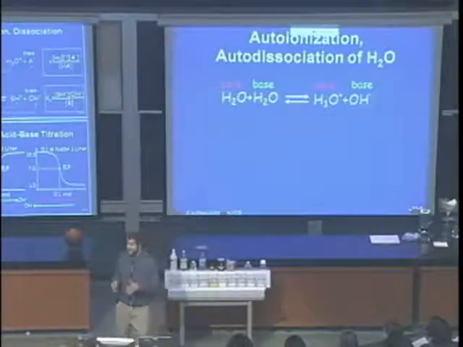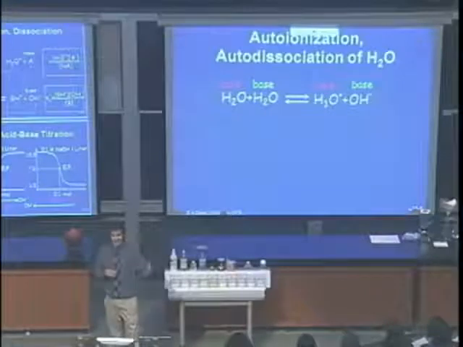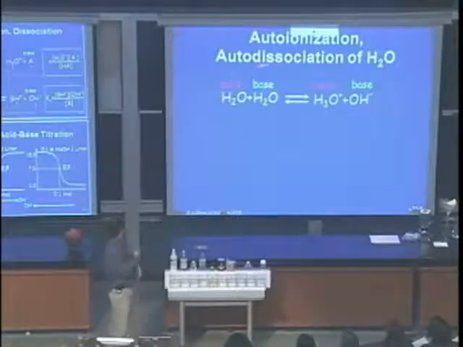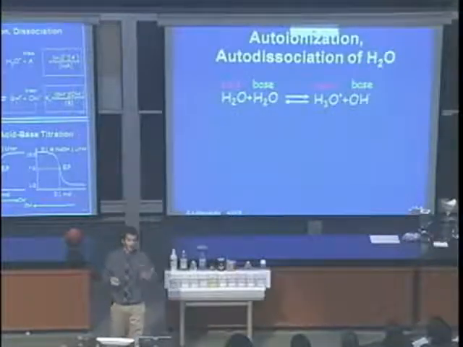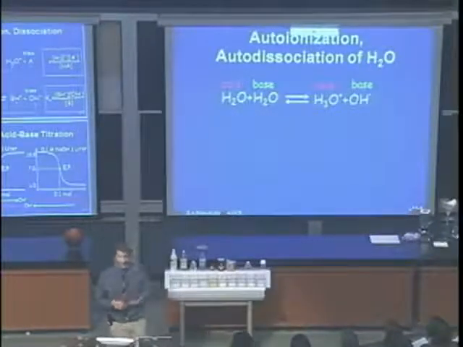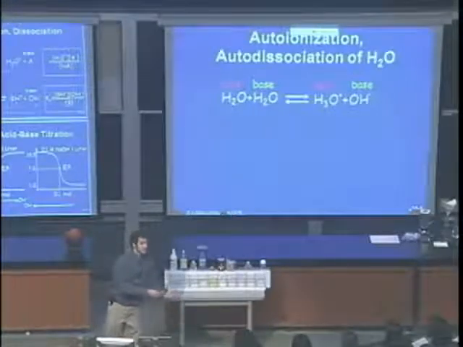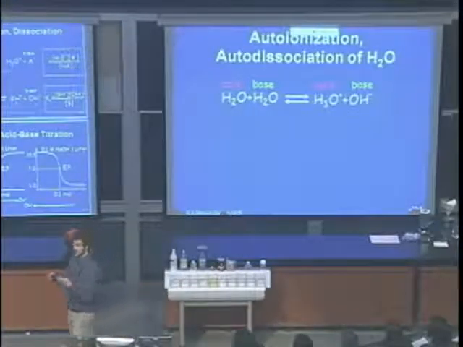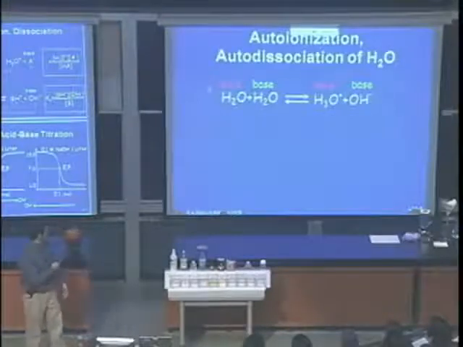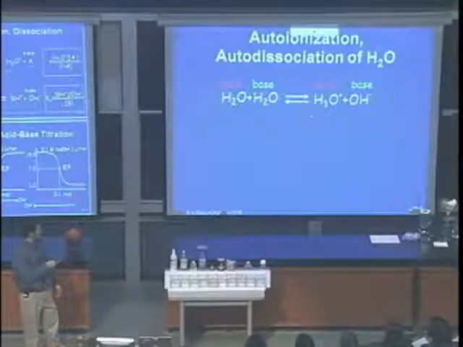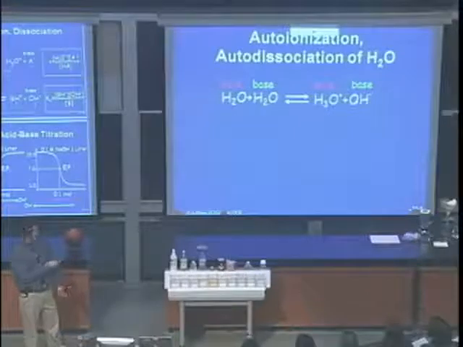And this is pretty important for our acid-base chemistry. Again, this is just pure water with nothing else in it, and it still is going to have some H+ and some OH-. Now, we can also write an equilibrium constant expression for this case. What would my K be? Well, my products are H3O+ and OH-.